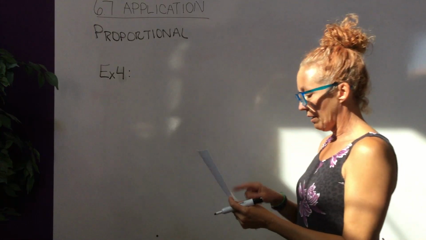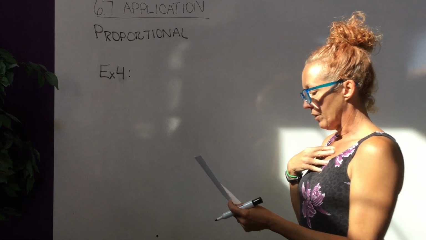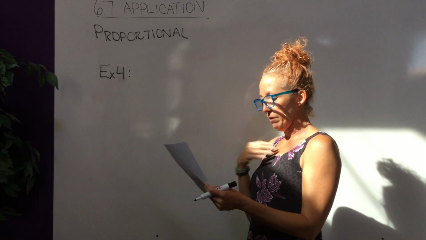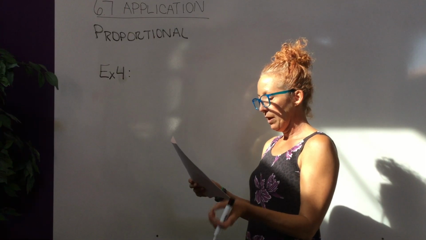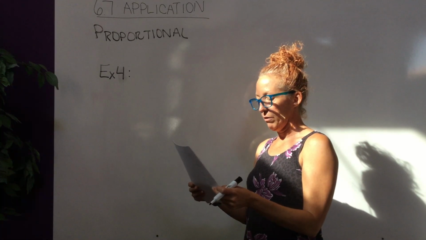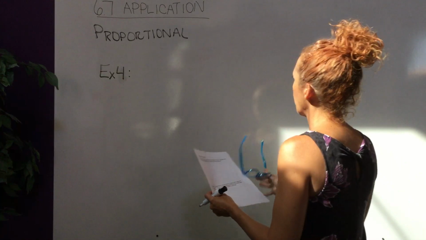So my example is the trout in the river. So it looks like we have caught and marked 1,190 trout. Later, I captured 915 trout, 24 of which were marked. So here's what we're going to do.